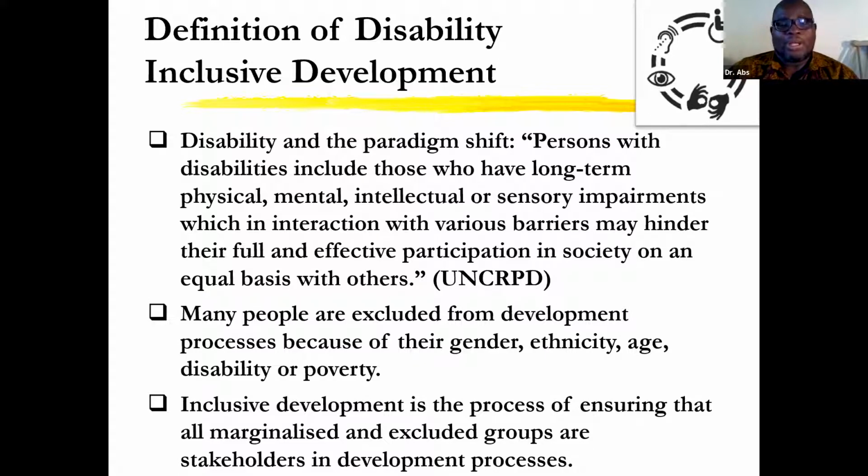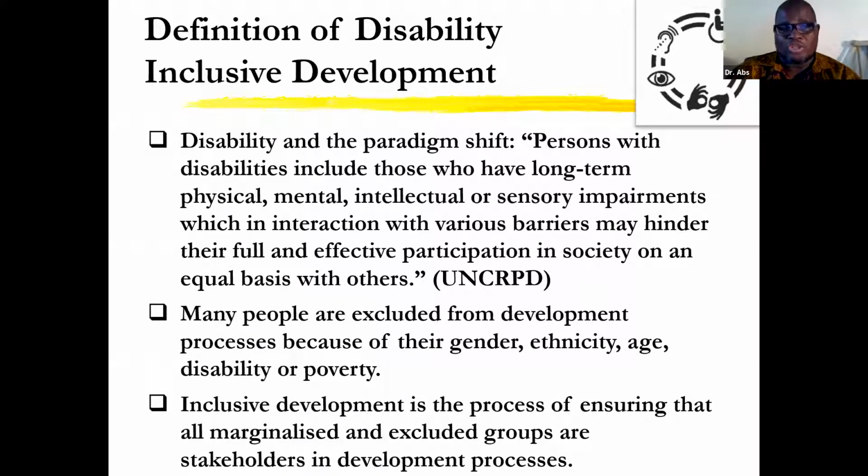If you look at it from an inclusive development point of view, we in Sierra Leone have been facing a lot of exclusion, if I can put it that way. Of course, this climate is changing a little bit, but a lot of people in Sierra Leone have been facing exclusion from the point of view of gender, ethnicity, age, but particularly disability.